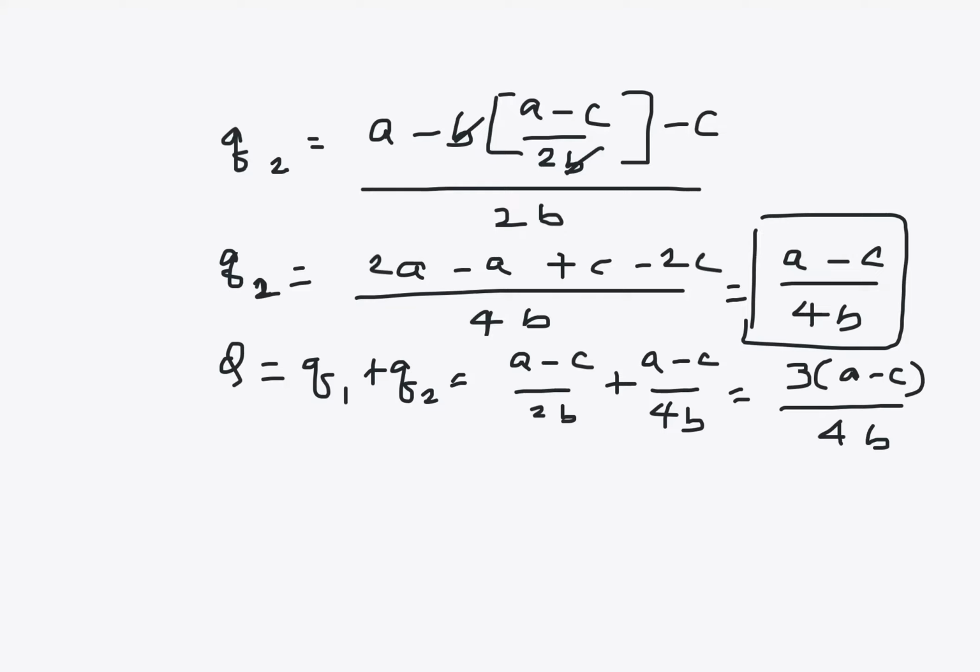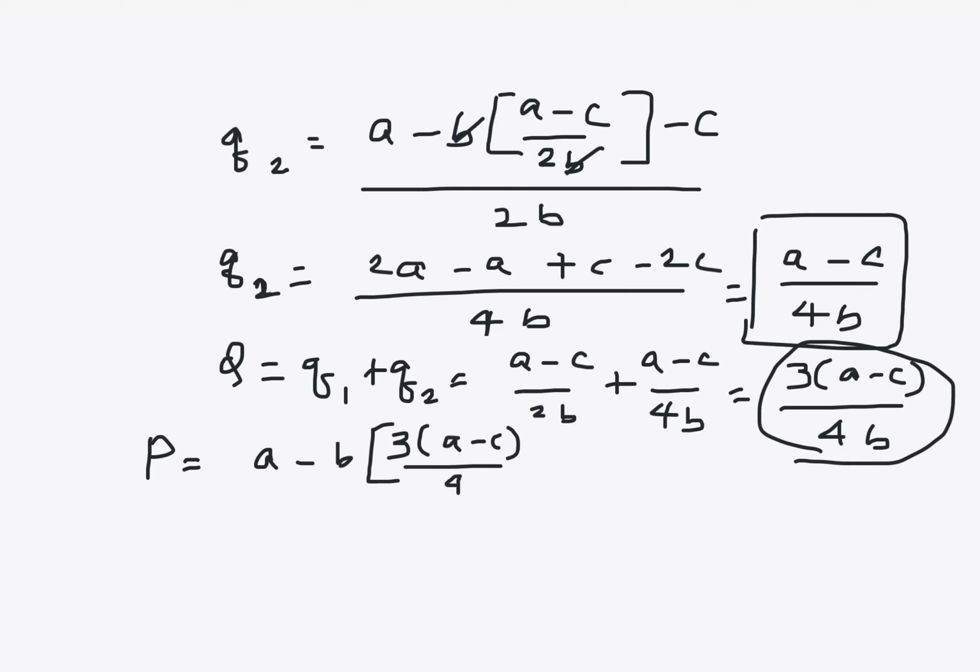And to find the equilibrium price, if you remember, price is equal to A minus B times Q. Instead of Q, we can substitute this value: 3 times (A minus C) over 4B.